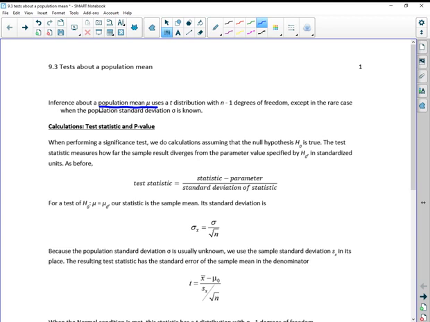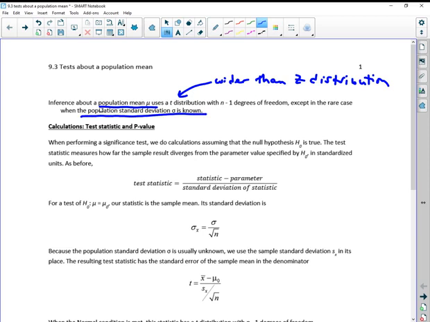But since we don't know everyone, we have to use the more conservative T distribution that's going to be a little wider than the Z distribution. So we're going to use that, except for in the very rare case where you have known standard deviation.